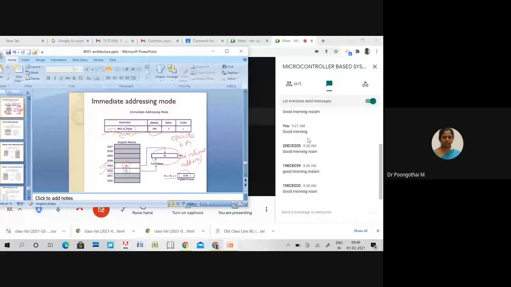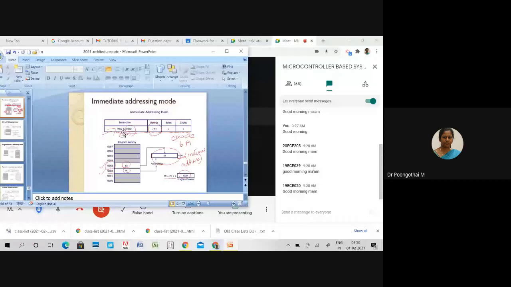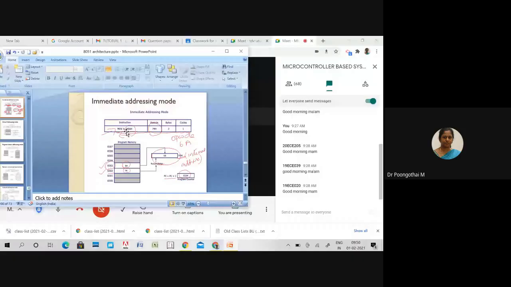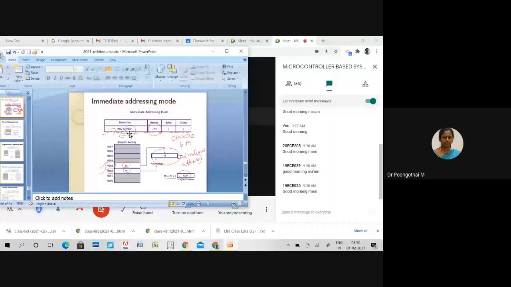So based on the size of the destination register, we have to initialize our data. Suppose your destination register is an 8-bit register, we have to initialize only 8-bit data. Suppose you are trying to move 16-bit data like MOV A comma hash 6A6B into the accumulator, that instruction is an invalid instruction.